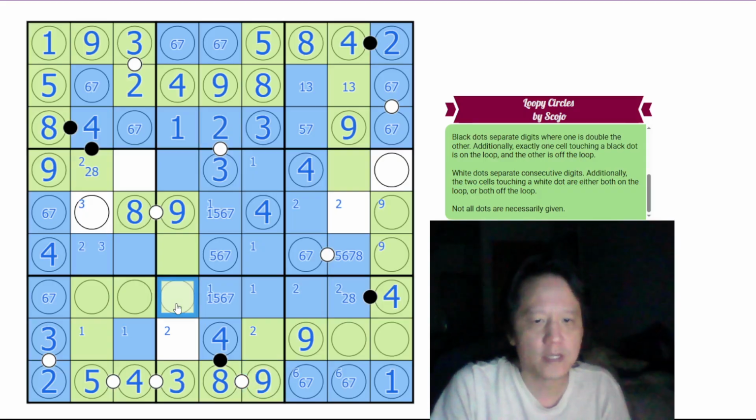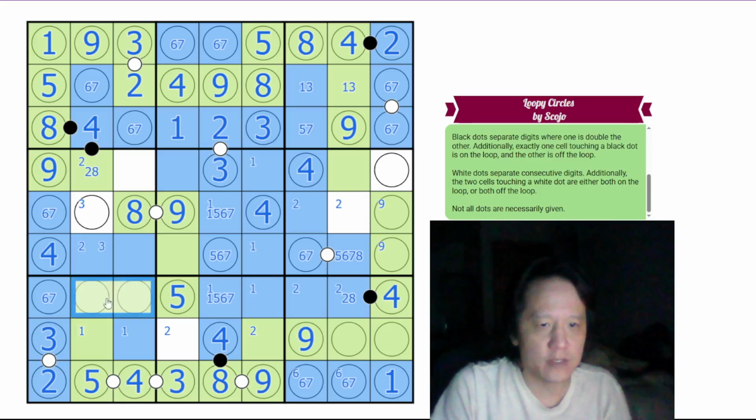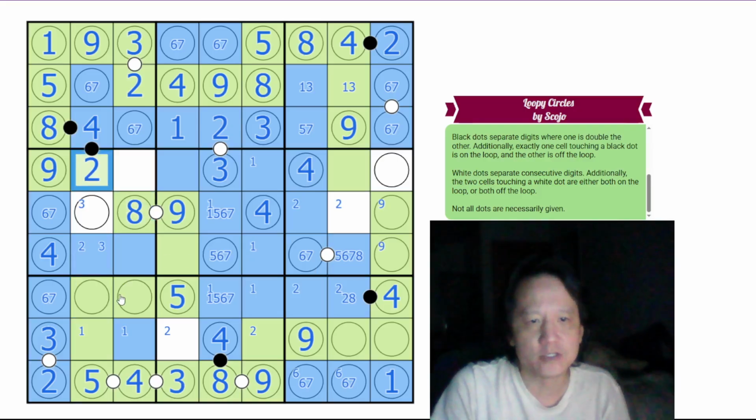This cannot be 6 or 7 on the loop, so it has to be 5 here. We have 4 5s. That means we need an 8. This 8 eliminates 8 here, so that's 2, which means this can't be 2 here. 2 has to be one of these 2 here.